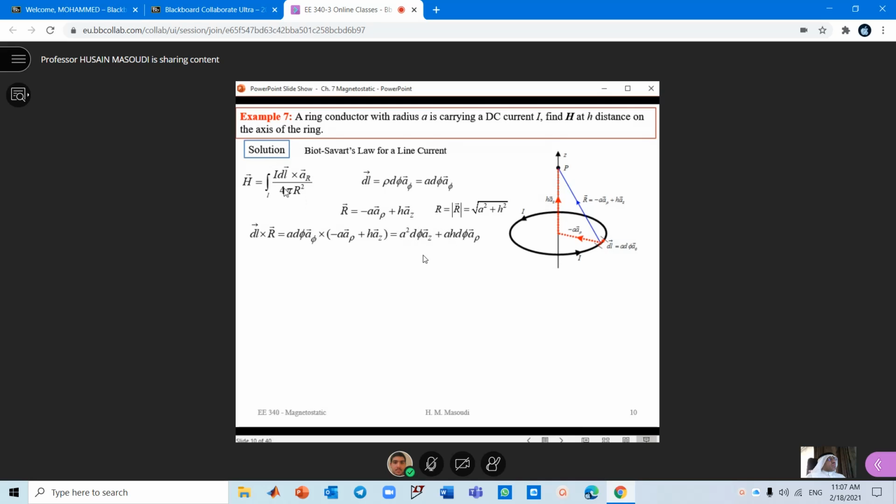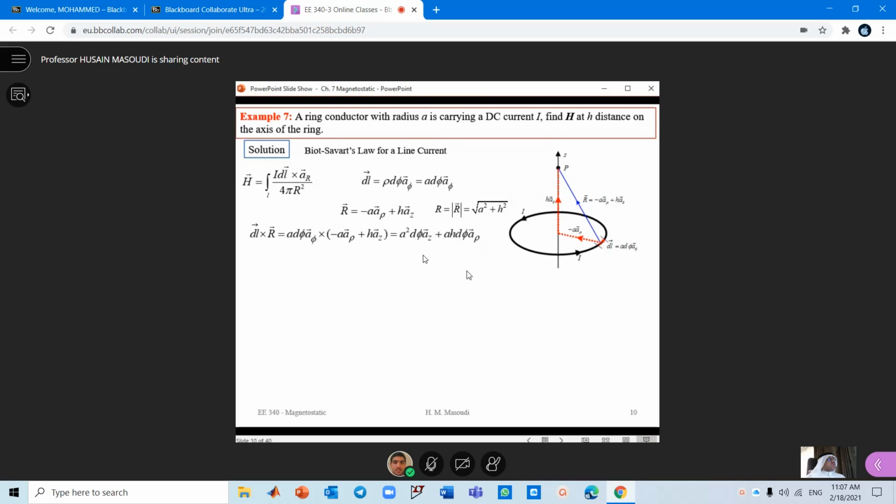So we take this now and put it inside the integral, and we need R cubed, because we used R here. So we divide by R cubed. Okay, so here we have this divided by R cubed. R cubed is what? It's a squared plus h squared, to the half, but we are going to raise it to 3 over 2, right?